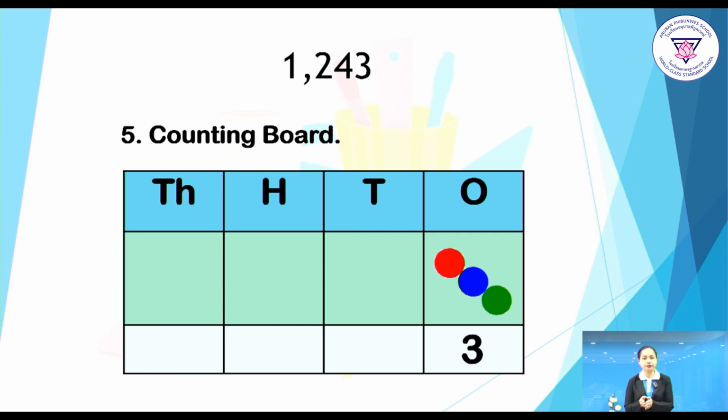On the third column, you can see 100, right? So how many counters? There are 2. And then the last column is, you can see only 1,000. So how many counters can you see? There's only 1.